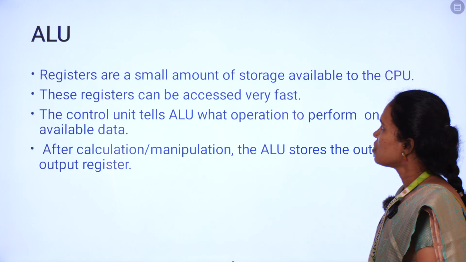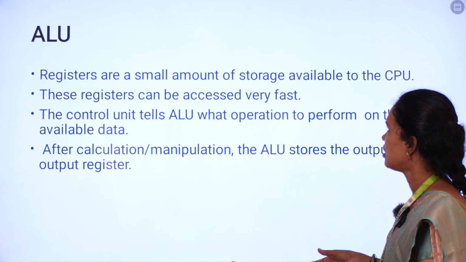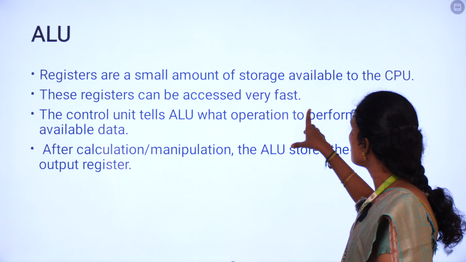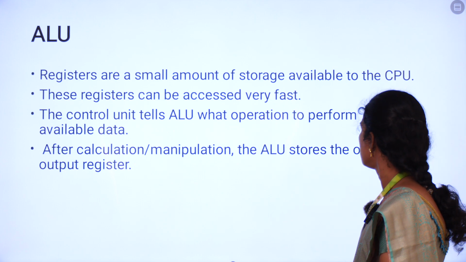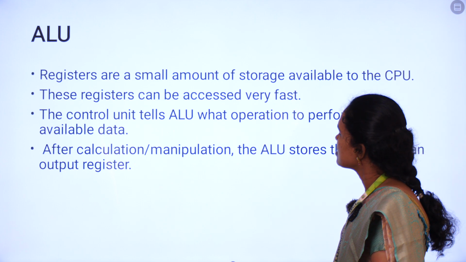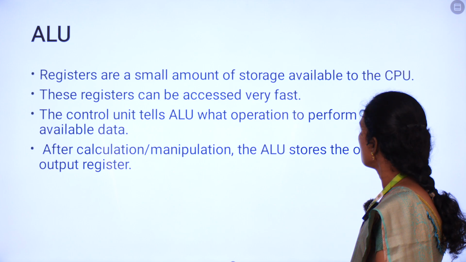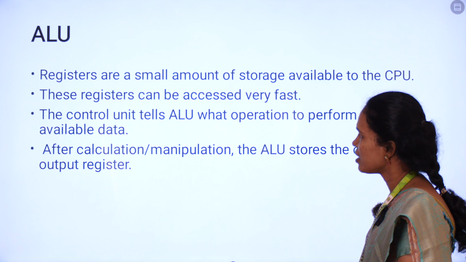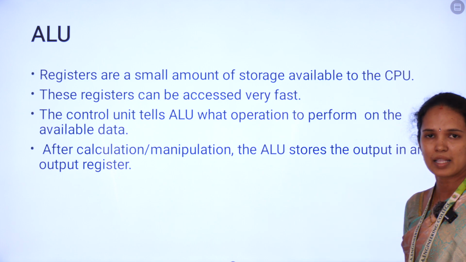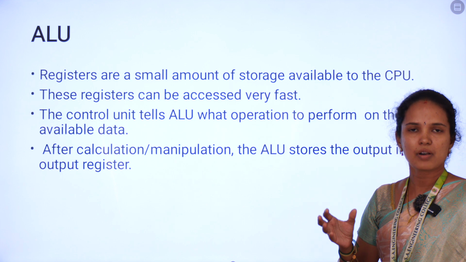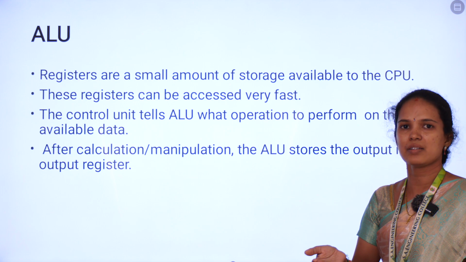Next, what are the registers you are using? Registers are a small amount of storage available to the CPU. These registers can be accessed very fast, and the control unit tells the ALU what operation has to be performed on the available data. So a register is nothing but a place where you will store your instructions.